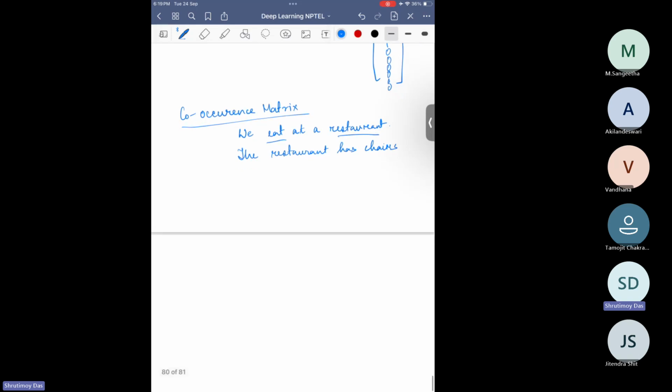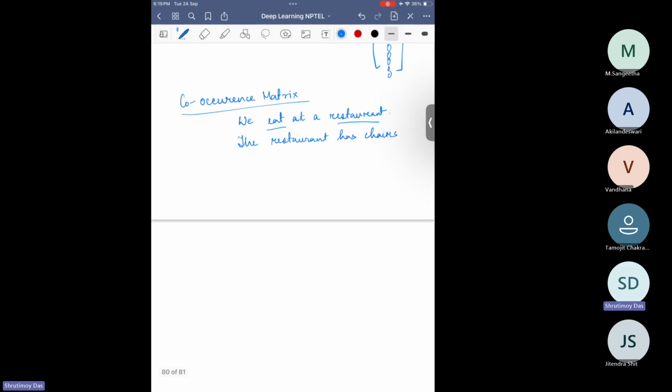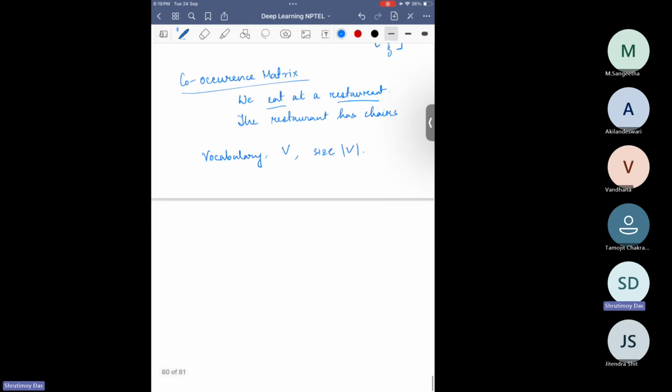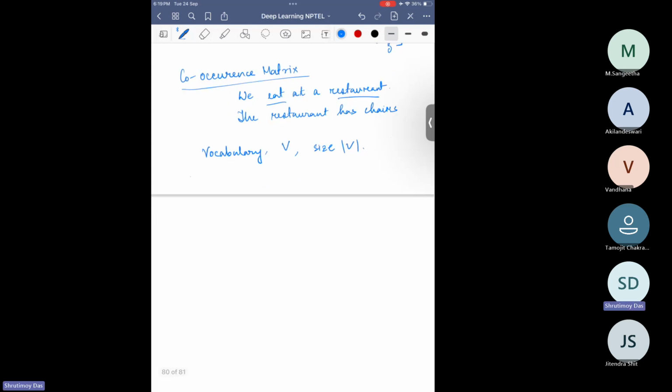So, what co-occurrence matrix does is that given your vocabulary, suppose you have a vocabulary of size V. Your first word is V1, second word is V2, and so on. Now you create a matrix where your number of rows is your number of words.